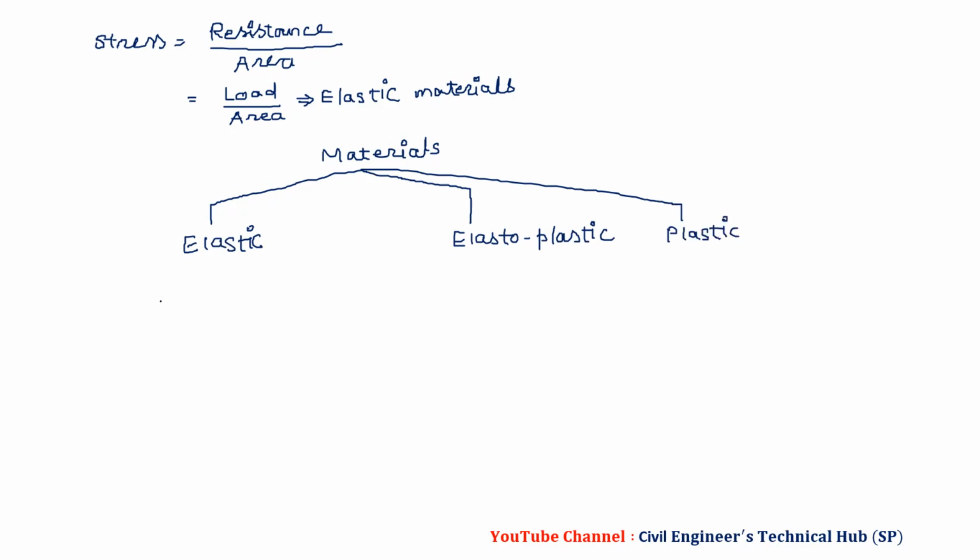Now what is difference between these? So in this, resistance equal to load, and therefore we can use stress equal to resistance upon area, or we can use load upon area.